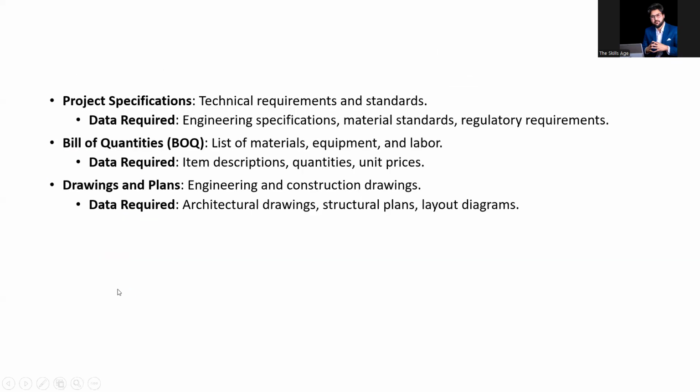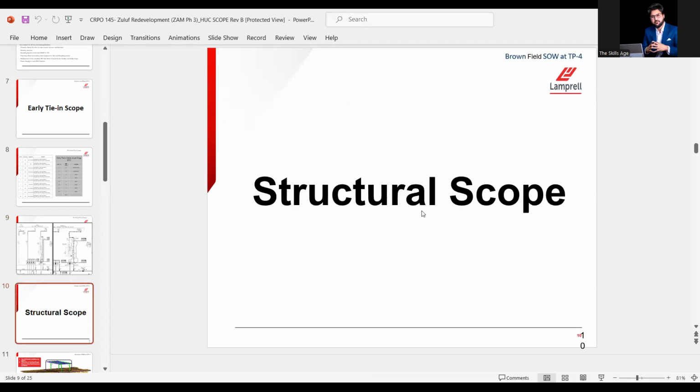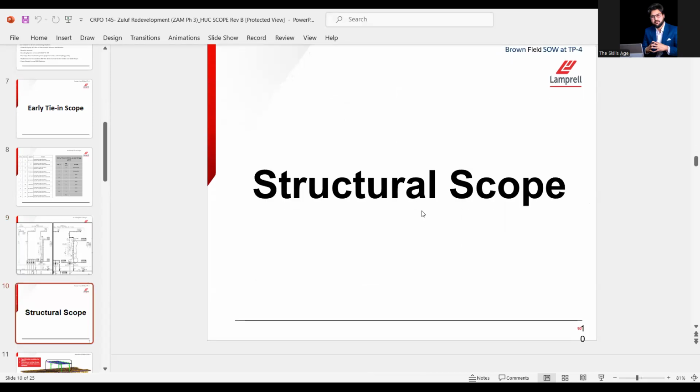Drawings and plans, I'll share. I'll make you understand each and everything. Here you can see how your drawings explain what kind of exact data you have, and the exact work you have to perform. One by one, you can see the structural scope of this project.